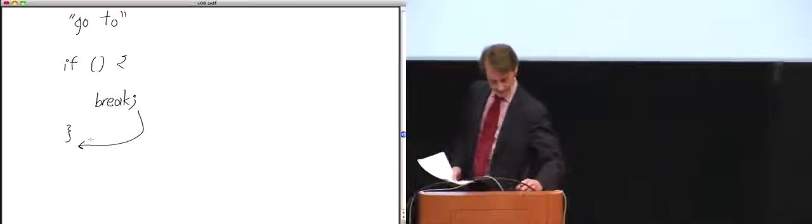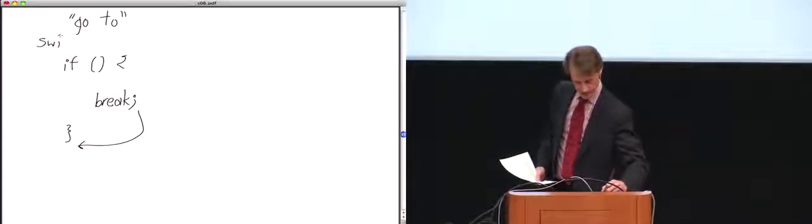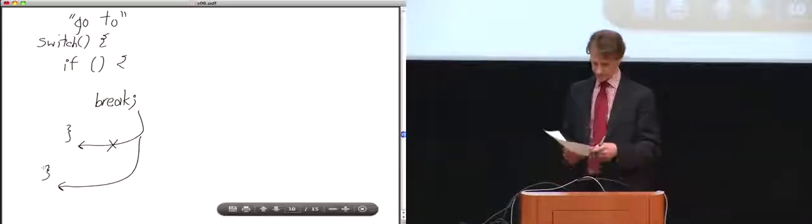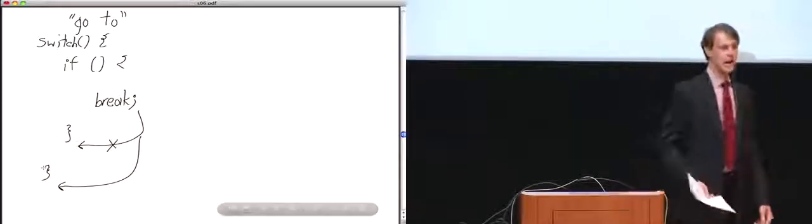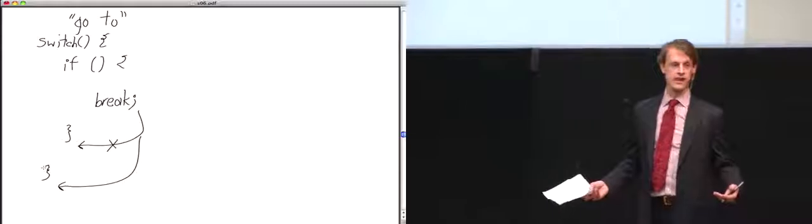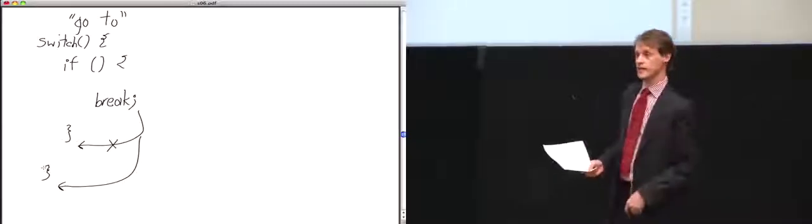It breaks out of the innermost switch or loop. So what happened was that this was all inside a switch statement, and the break that was supposed to go here really went to the outside of the switch statement. As a result, on January 15th, 1990, AT&T's entire long-distance network collapsed for 11 hours.